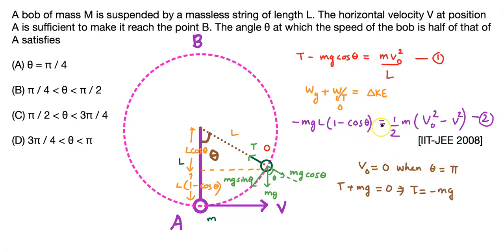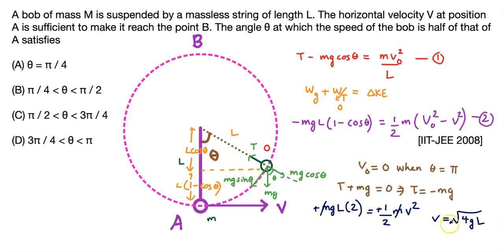Cos pi is minus 1, so minus mgl times (1 minus cos pi), so that's 2, equals half m v naught squared, which is 0, so we just have a minus half m v squared, right? So the minus and minus will cancel out, and when we solve for v, we end up with square root of 4gl, right?